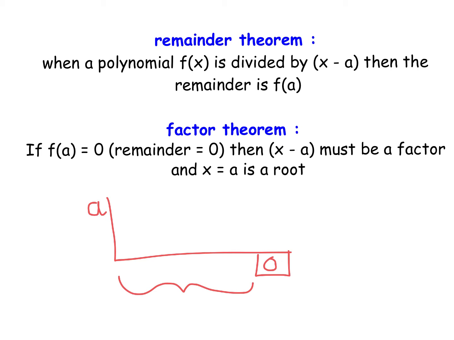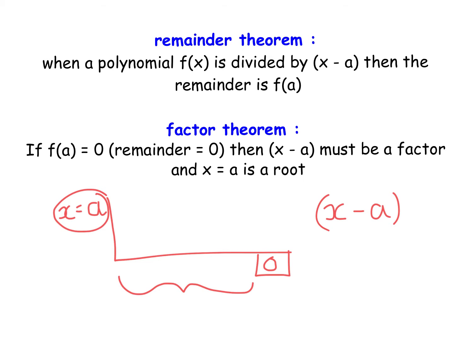And it means that x equals a is a root, and in turn, x take away a is one of your factors. So that's one of the things it divides by nicely. Your fully factorised answer would be x minus a times your quotient. No remainder at all in this one.